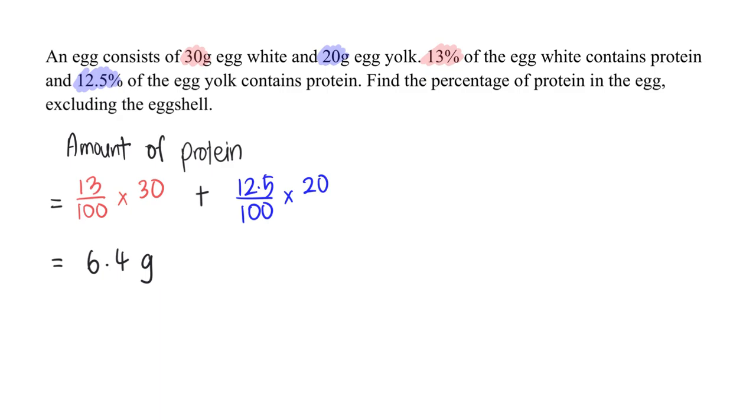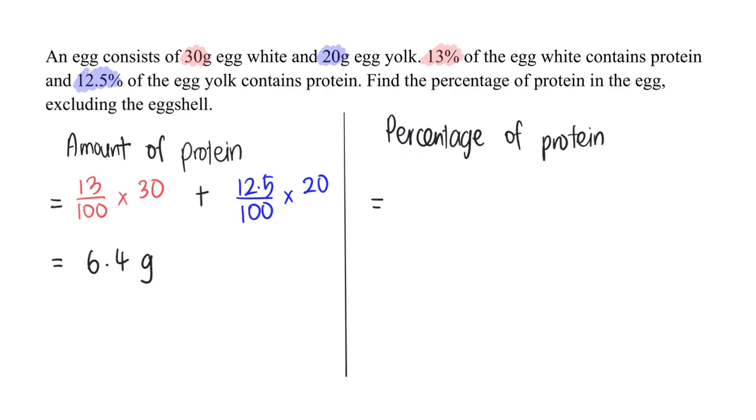Now let me draw a line here, and we are going to do the percentage now. So the required percentage of the protein is simply this 6.4 grams, and we need to be over the total. What's the total?